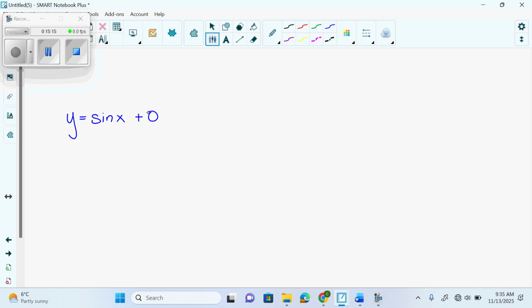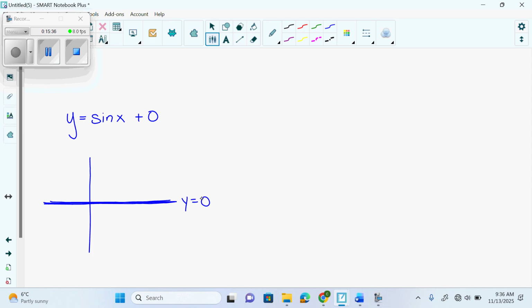We're going to talk about it in the next lesson. This is your midline. So it's the line that cuts the graph in half. So this graph is actually cut in half at y equals 0. Remember, horizontal lines are y equals lines and vertical lines are x equals lines because it cuts the x-axis.